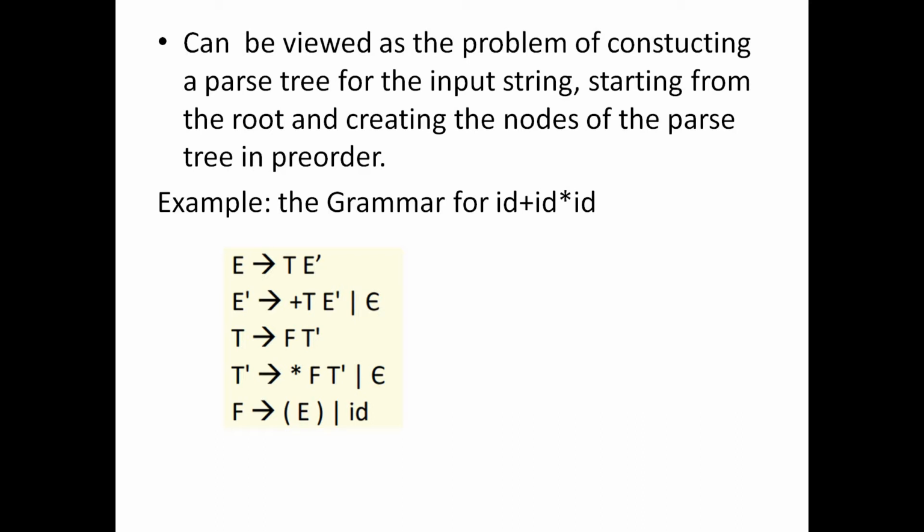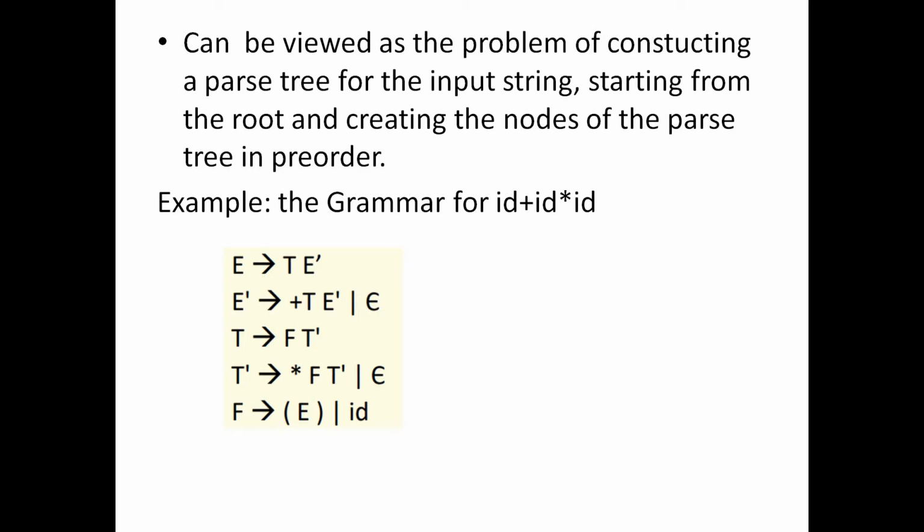You may construct the parse tree for a given grammar in different ways. For example, we are supposed to construct a grammar for the expression id plus id into id.